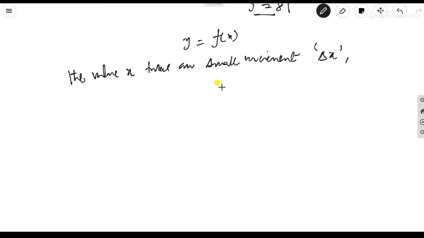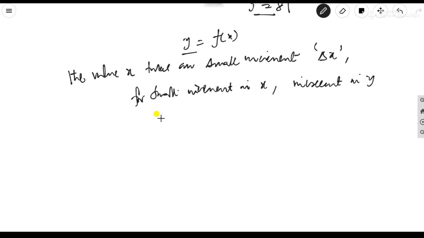So for a small increment in x, there will be some small change in y as well. That means we have a corresponding increment in y, that is y plus delta y will be f of x plus delta x.